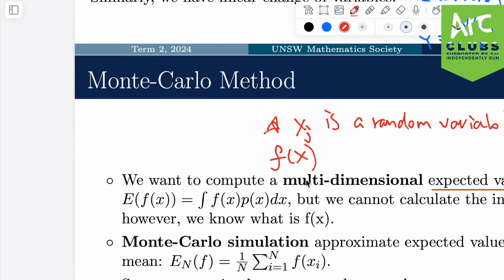I think we can assume f is given here, so fx is a function of x, and px is the density distribution of x.